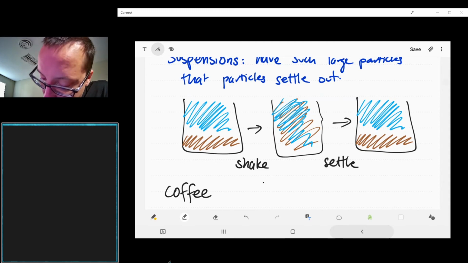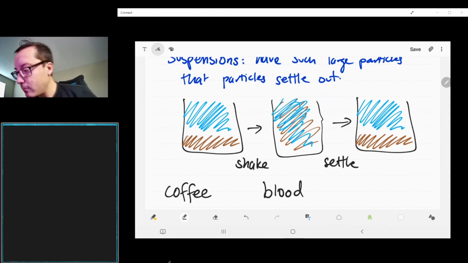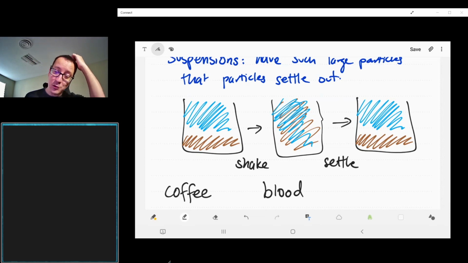Blood is another suspension. You have blood cells that are suspended in solution. If you allow your blood to just stand still, it will separate. A faster way to do that is to put it through a centrifuge. So if you ever go to donate blood, they will first take a little sample and spin it down just to see how many blood cells you have per unit.